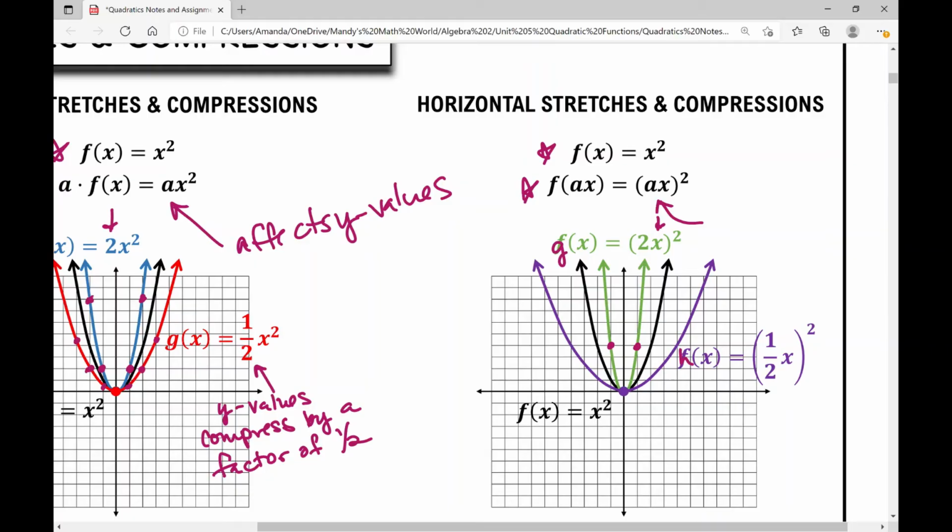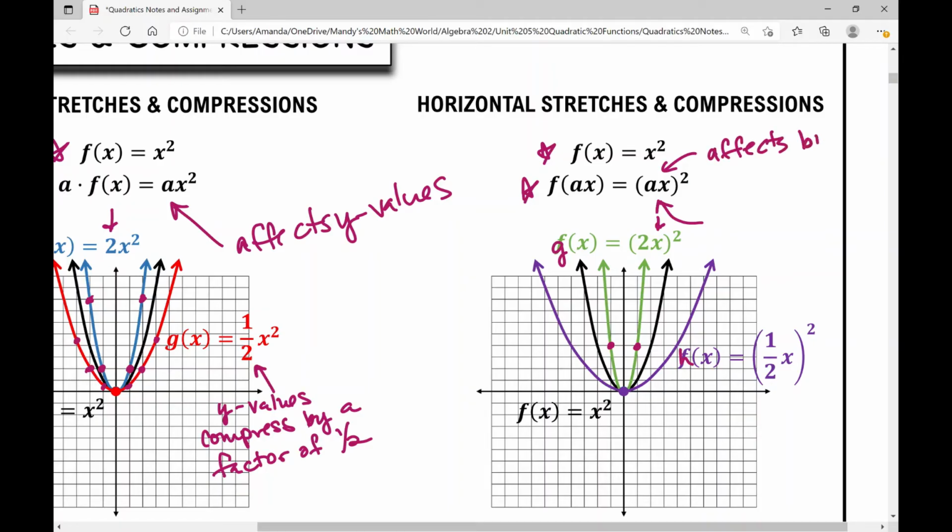So what's confusing is the wording around this. I'm going to give you the wording, but just remember that it's kind of opposite world when we're talking about horizontal transformations. Those translations are tricky, and these stretches and compressions are tricky. The first thing I want to tell you is that this affects it by a factor of 1 over a.